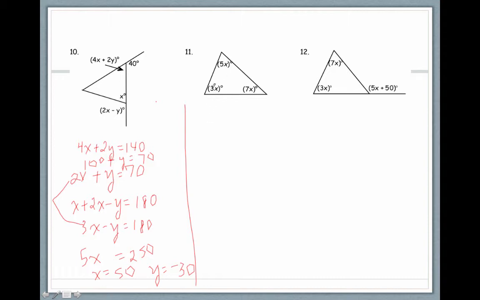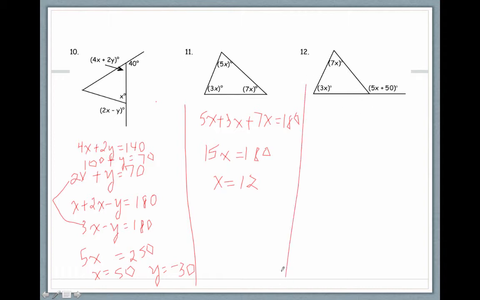Okay, this one, 5x plus 3x plus 7x is 180. So that's 15x is 180, x is 12.